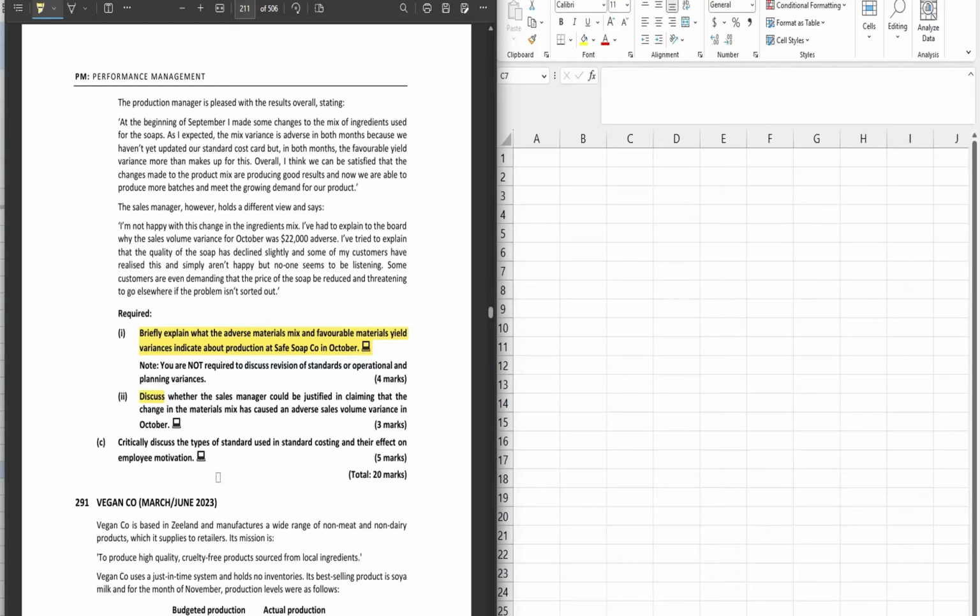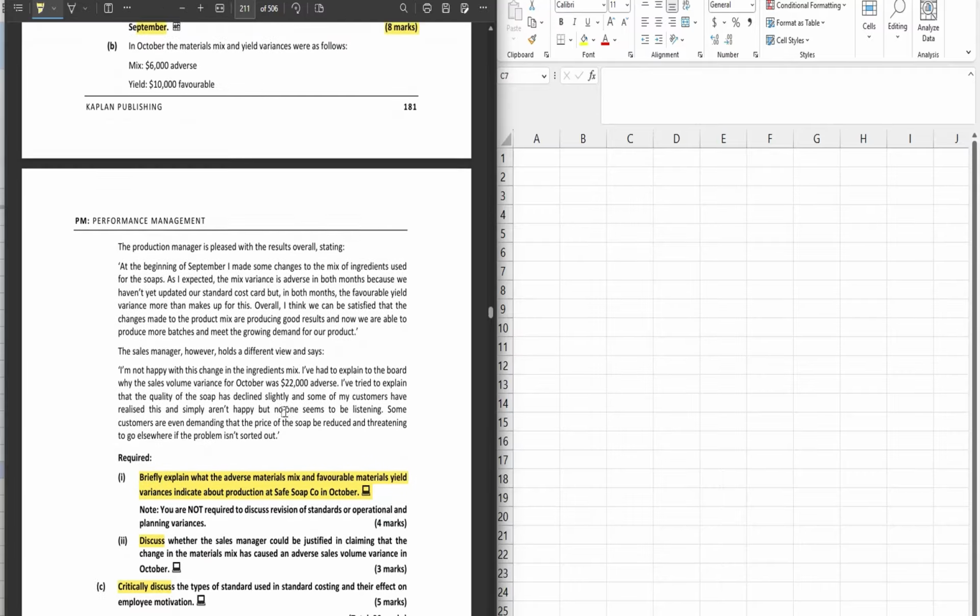Here the verb is to discuss. That means you are required to examine a topic in depth by debating both pros as well as cons, balancing arguments. So this is for 20 marks.